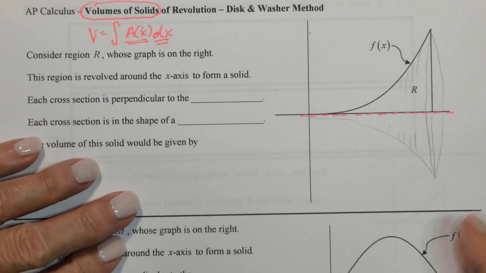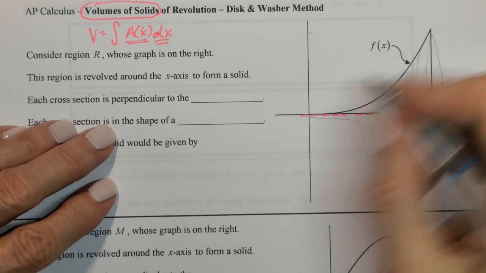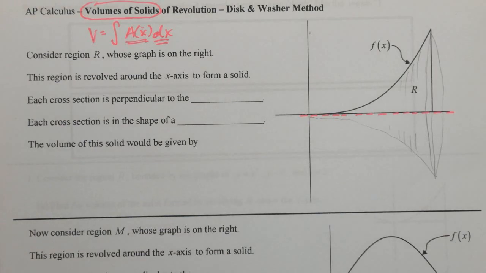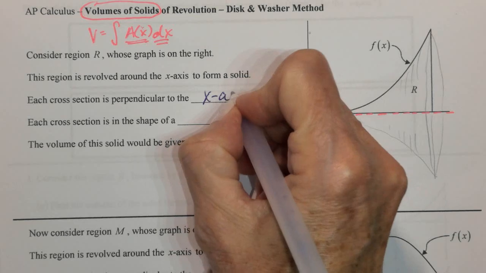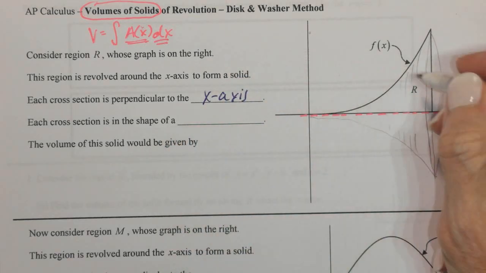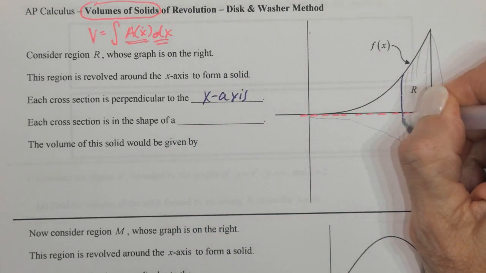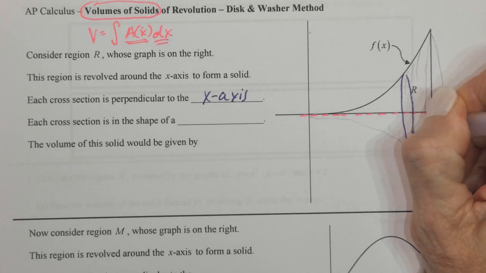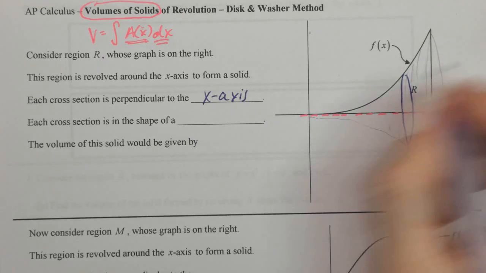Each cross section is perpendicular to the x-axis. And each cross section, what is each cross section here? Each cross section is a complete circle.